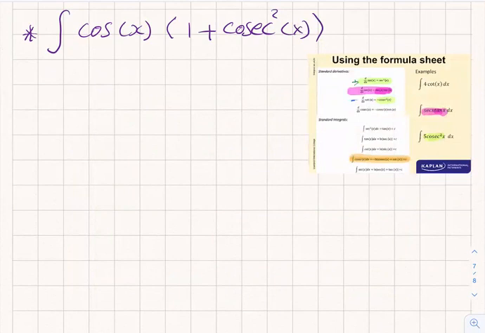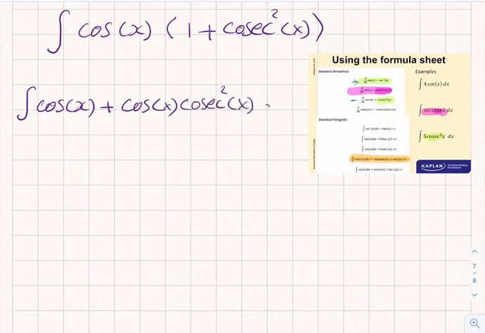First of all, we can multiply out the brackets. That means multiply cosine times 1 plus cosine times cosecant squared. So this becomes cosine x plus cos x cosecant squared x dx.